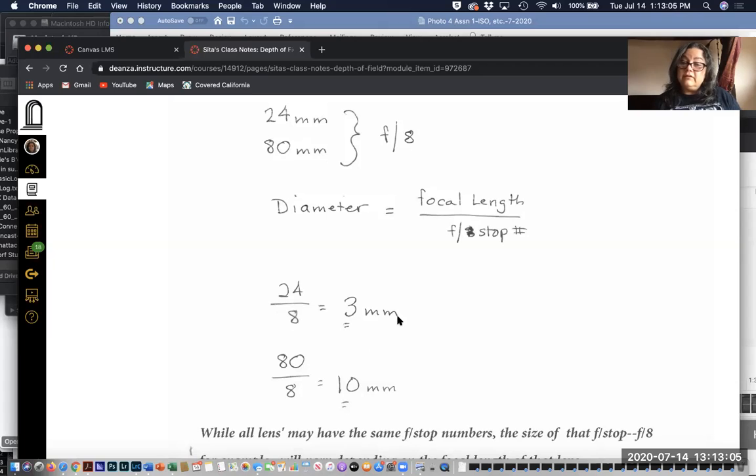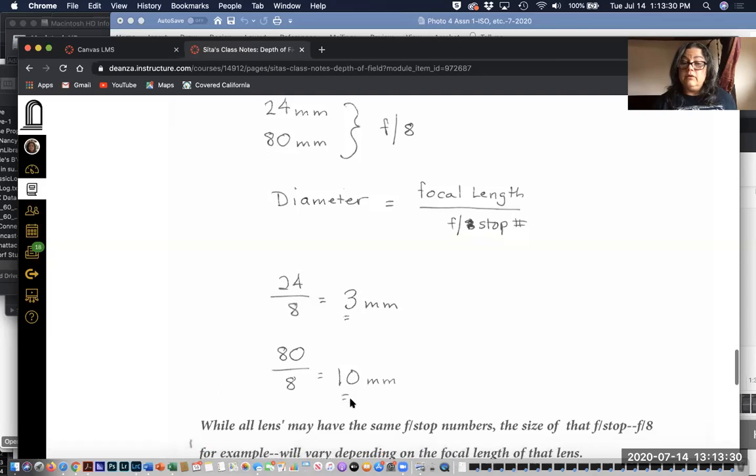And so you can see that f8 on the shorter lens is considerably smaller than f8 on the longer, more telephoto lens. And since a small aperture gives us greater depth of field, the wide-angle lens will give greater depth of field than the telephoto lens will, even though both are set to the same f-stop number.